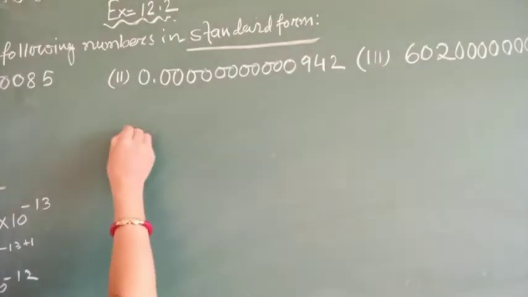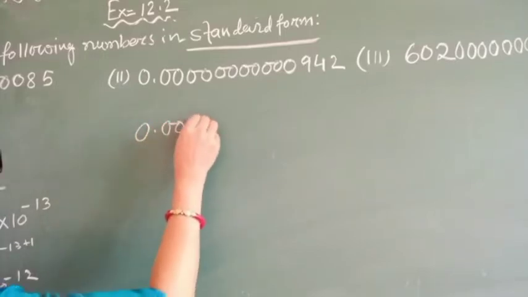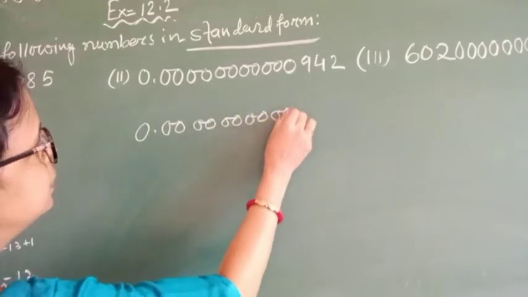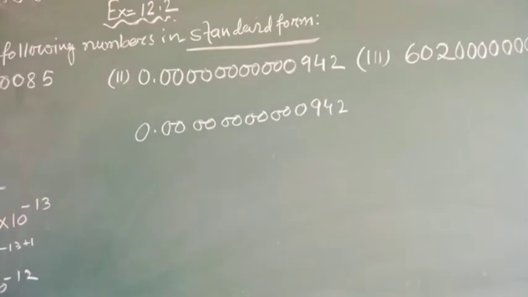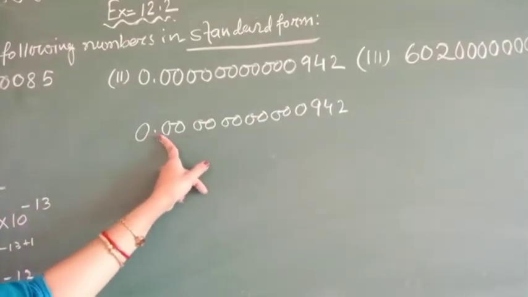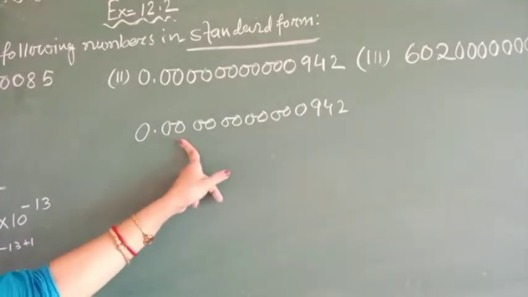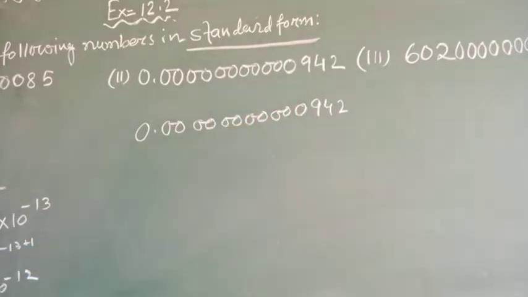The number is 0.00000000000942. As you can see, after the point so many zeros are there, a very small number, that means whenever we express it in standard form, 10 to the power minus something will come.